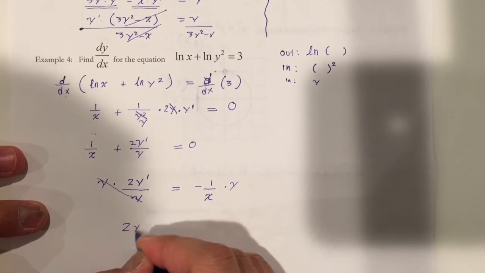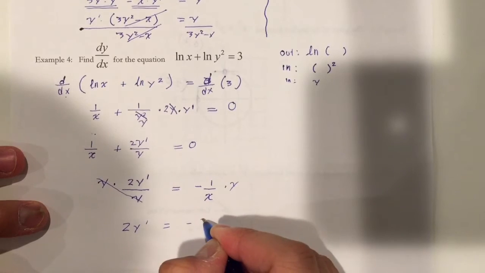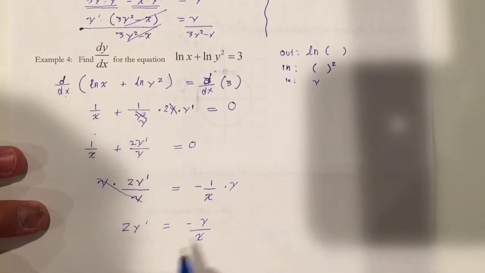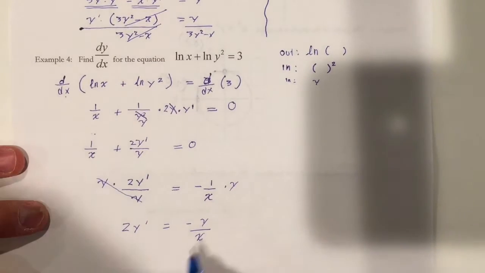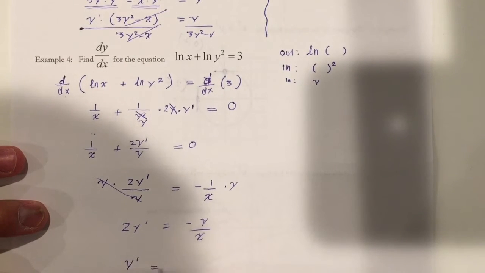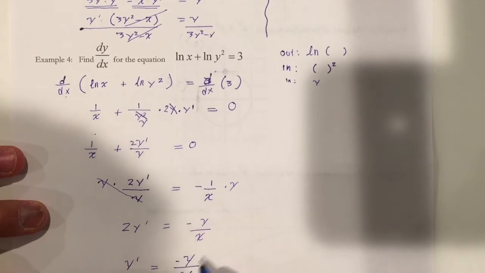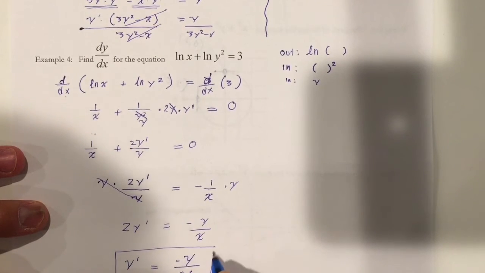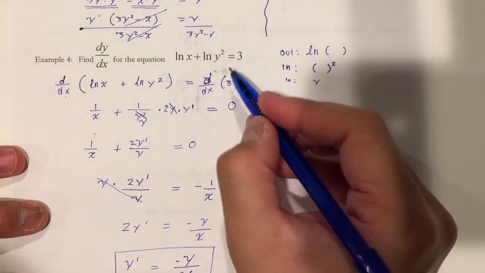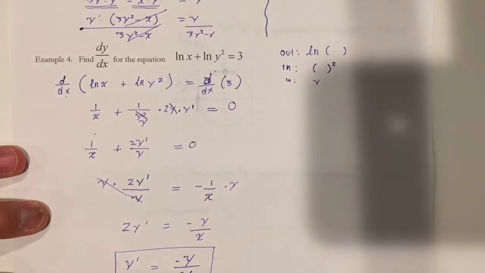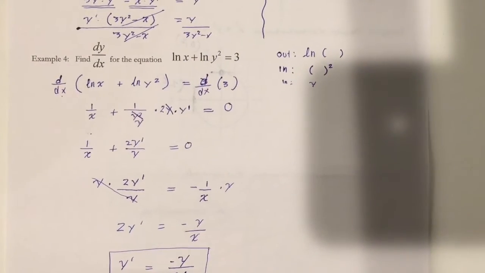You get 2y prime equals negative y over x, and then divide both sides by 2. And if you divide both sides by 2, you're going to get this. That's the derivative function of this function, which is defined implicitly. All right, very good, very good.